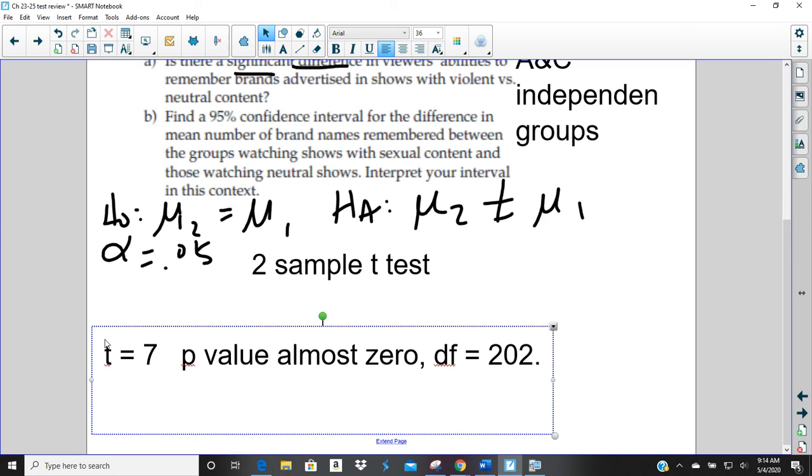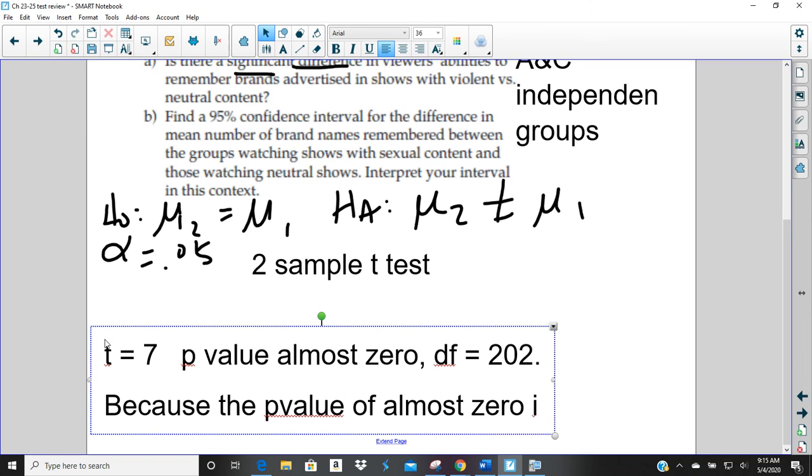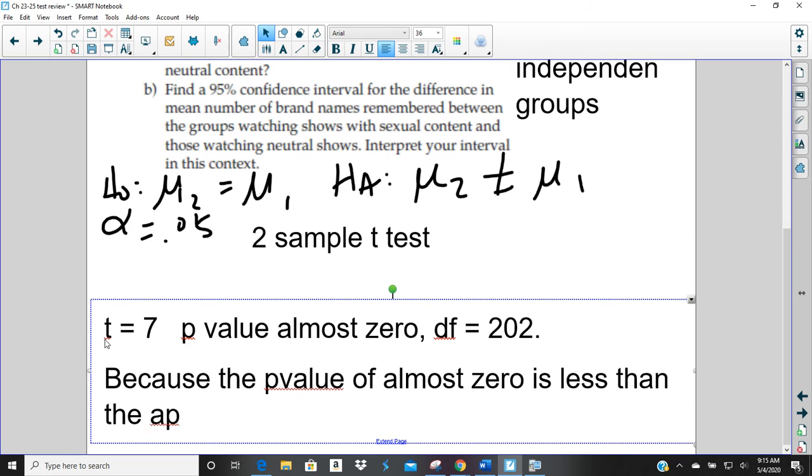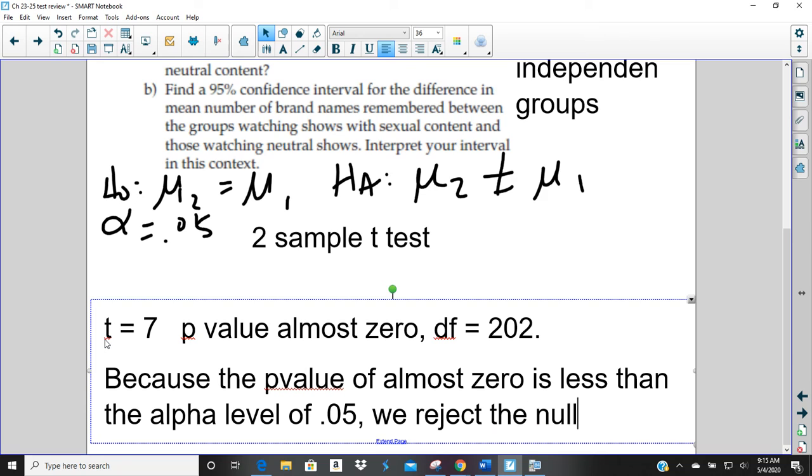I wrote the alpha level. Is there a significant difference? Because the p value of almost 0 is less than the alpha level of 0.05, we reject the null hypothesis.